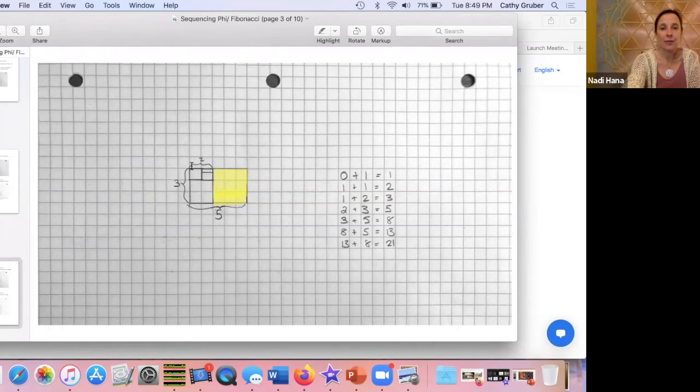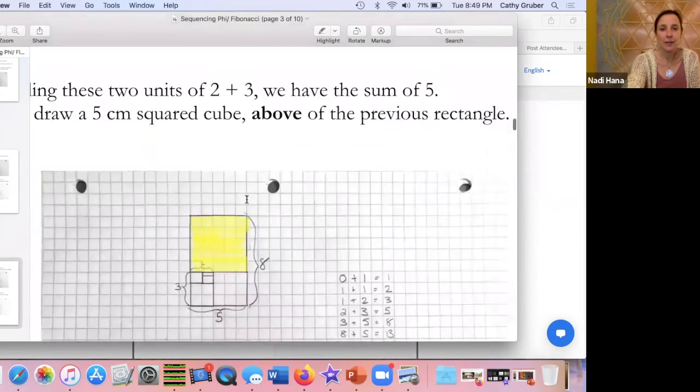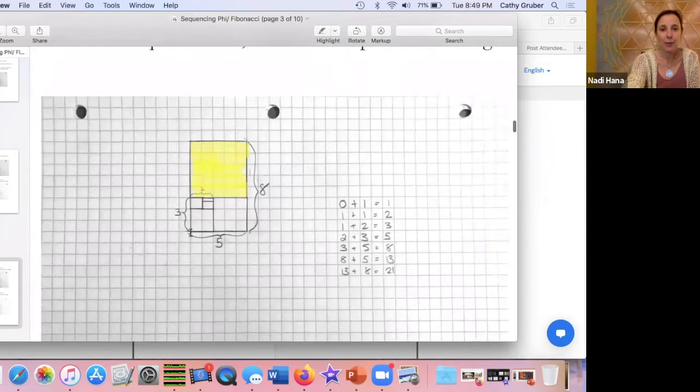And the 2 plus the 3 is going to give us the width of 5. So next we're going to be adding the width of 2 cubic centimeters and 3 cubic centimeters. So we're going to draw above that rectangle a 5 cubic centimeter square, right? And that's going to give us now the previous 3 plus the 5, which is going to give us a measurement of 8 cubic centimeters.